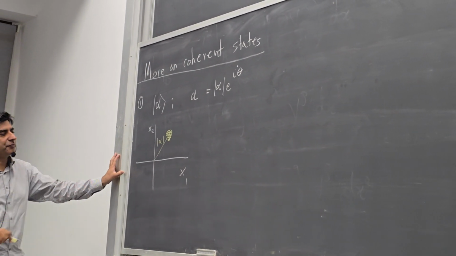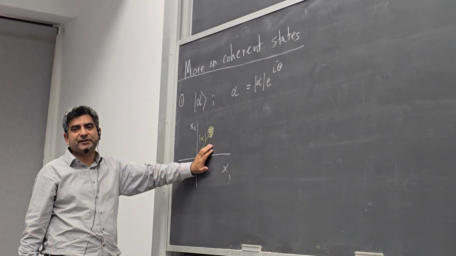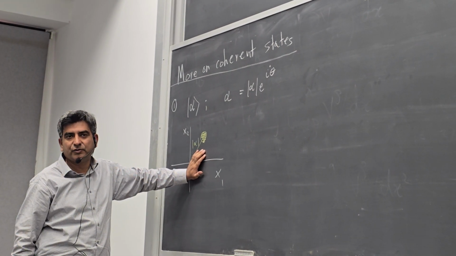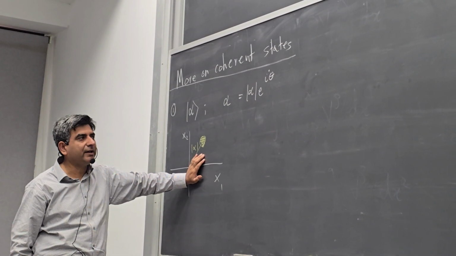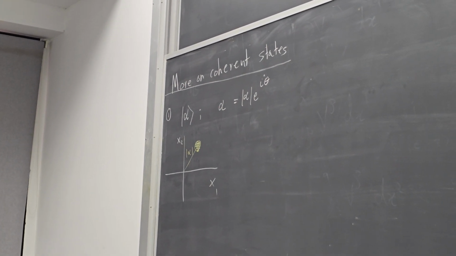So what we would like to do now is find out the energy inside the coherent state. How much energy does the coherent state contain? For that, we already have lots of different kinds of relationships.